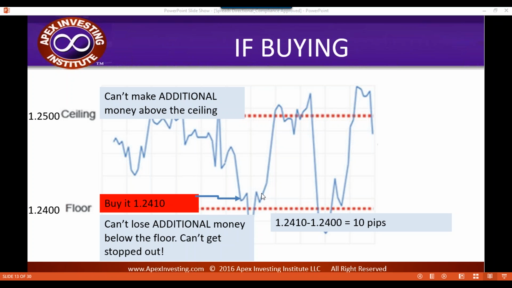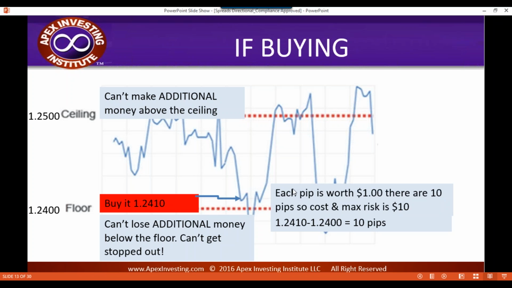But just as a quick example, if you bought right here at 24.10, the most we can lose is how much? We just went through that. 10 pips, right? Therefore, $10. Well, how much do you think you'll have to actually put up out of your account to enter this trade? $1, $10, $100? Right. With Nadex spreads, Eric says $90.